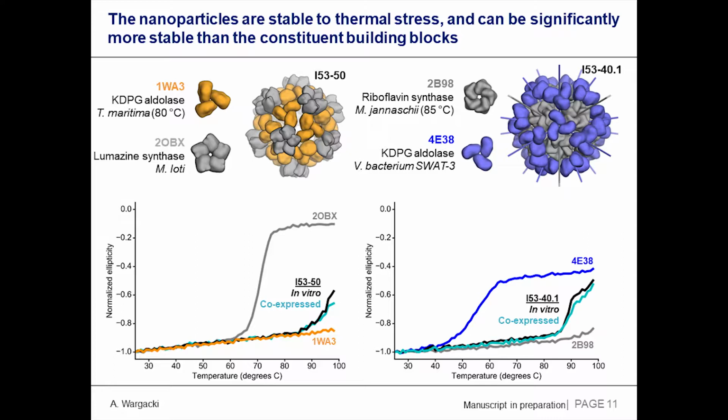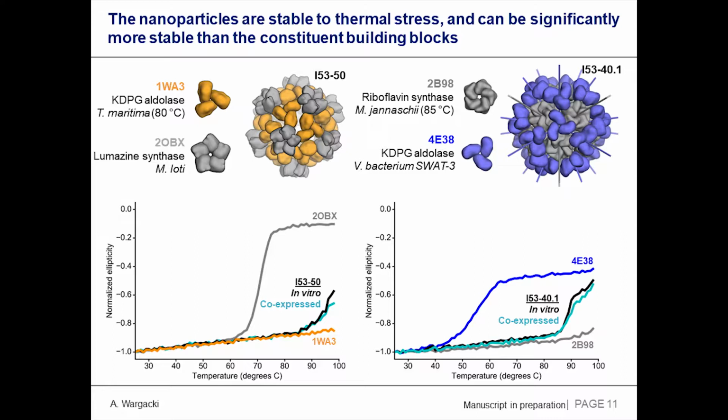So regarding stability, we find that these things tend to be really quite stable and often much more stable than the constituent building blocks. So these are 2 different particles called I5350 and I5340.1. And each of them you'll see has kind of a weak link building block. So the gray pentamer here, the blue trimer here are from mesophile organisms, and they melt at normal temperatures. The other component in each case is from a hyperthermophilic organism and is very stable.